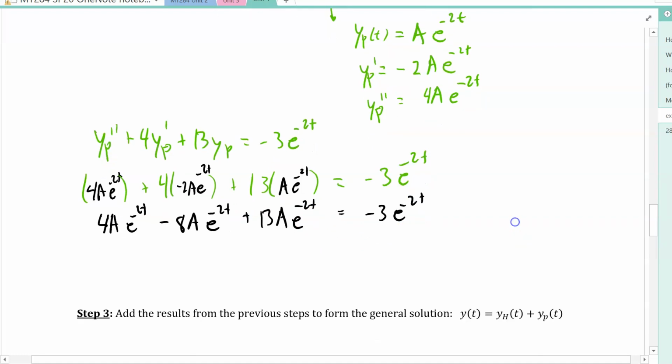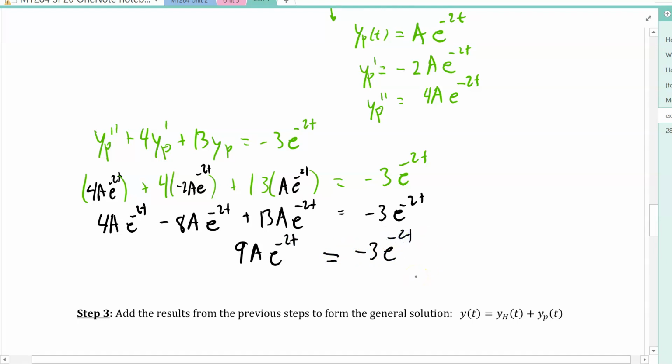Alright, now combining our like terms together, what do we have as a total? Negative 4 plus 13, so we're going to have in total 9a e to the negative 2t, and that will equal negative 3 e to the negative 2t.